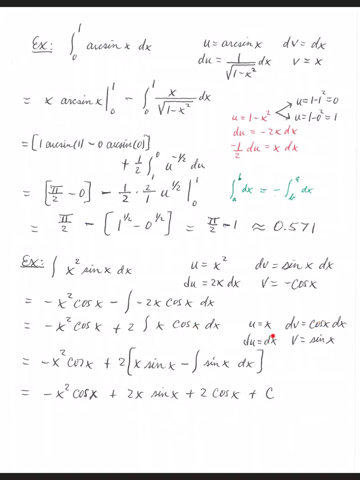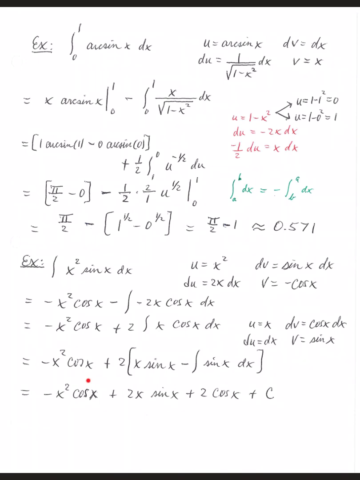The derivative of x is dx. The antiderivative of cosine x dx is sine x. Everything after this 2 is a second round of integration by parts. So I put a bracket, uv, that's x sine x, minus the integral of v du.